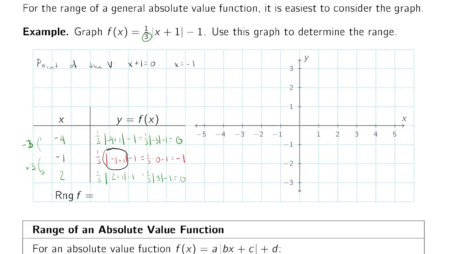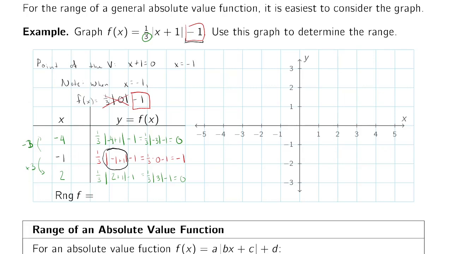So we chose x equals negative 1 so that at the point of the V, our output would be just this part. We chose negative 1 so that when we plug it in, this term would vanish. And all that's left is this number that's added or subtracted outside the absolute value.